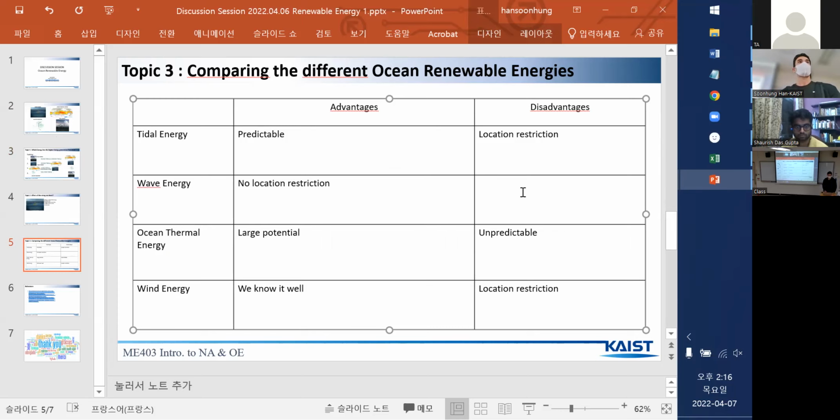It's hard to convert the kinetic energy to electricity efficiently. Maybe the generation efficiency can be low. I don't know.